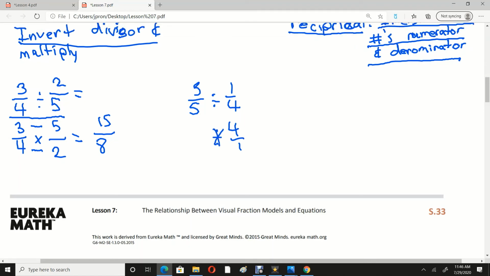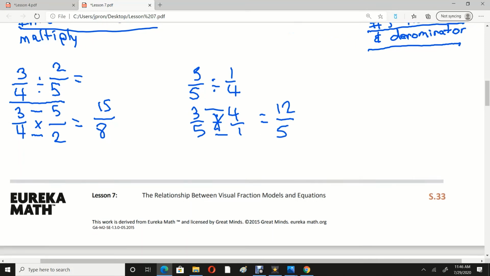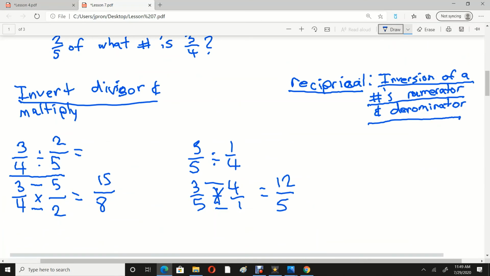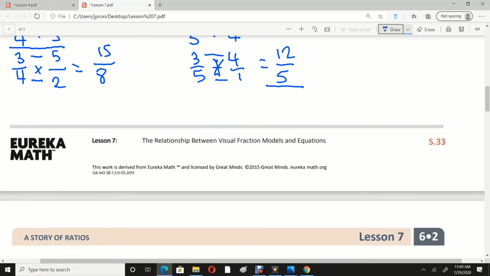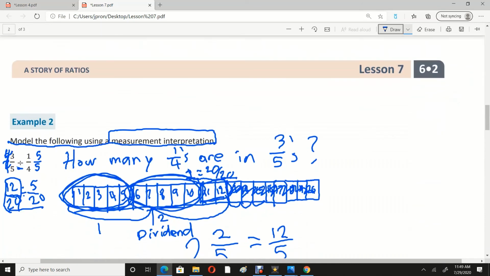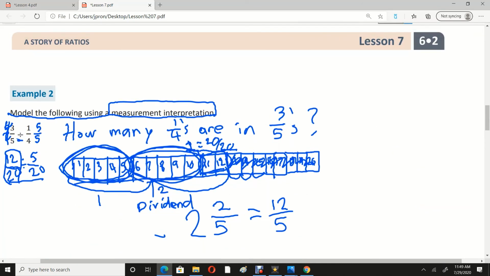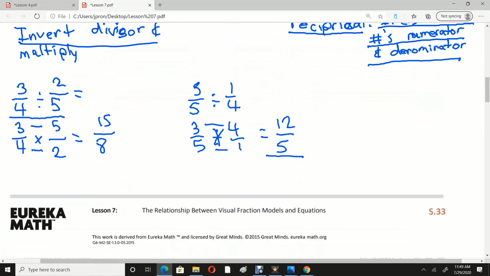And instead of dividing, we're going to multiply times 3/5. 3 times 4 is 12. 5 times 1 is 5. So when we invert and multiply, we get an answer of 12/5. But let's come down and check and make sure that we got the right answer. Oh, look at that. It happens to be 12/5. So we've checked it. We made sure that that was not just a fluke.